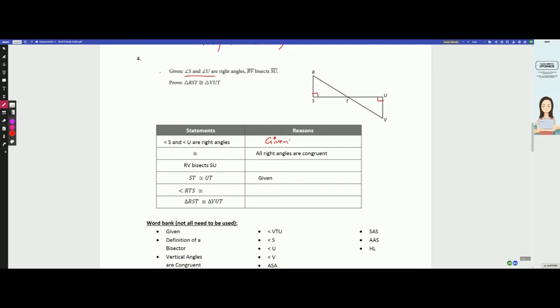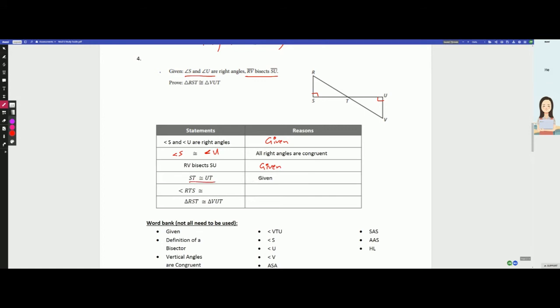Very nice. And that means that angle S is going to be congruent to angle U because 90 degrees equals 90 degrees. Sorry, that's the angle symbol. And then RV bisects SU. They gave that to us. Okay. And then therefore ST is congruent to UT.